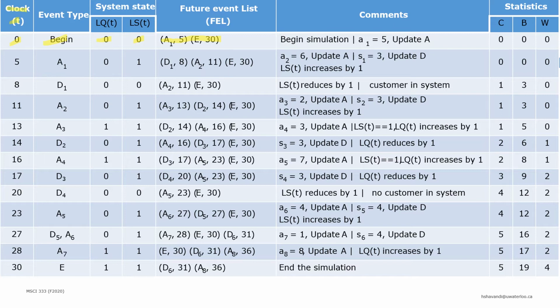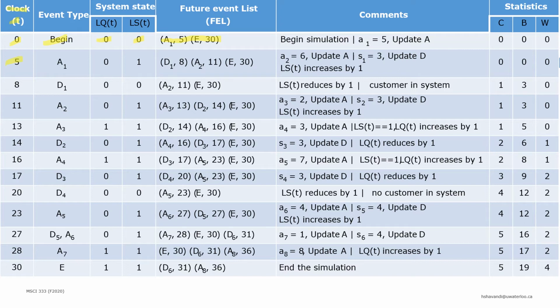Since we are at time 0 and the next event, the imminent event, is the arrival of the first customer at time 5, there will be no change in the system's state from 0 to 5. So we advance the time from 0 to 5.